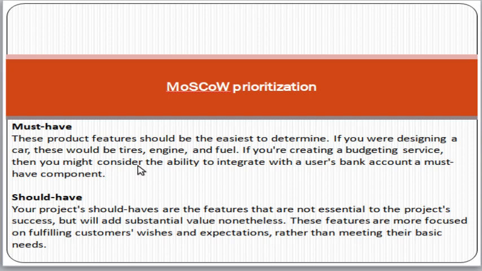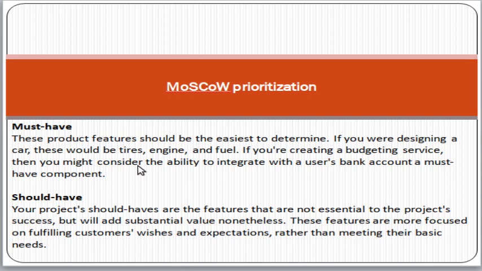Should have means that these features should be included in the product. If included, it is a wish list or expectations of a customer actually. Now remember that as a project manager or as a scrum master, you must know what features must come under the category of must have, and what are the features which can be the should have.